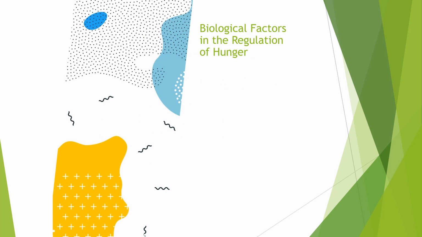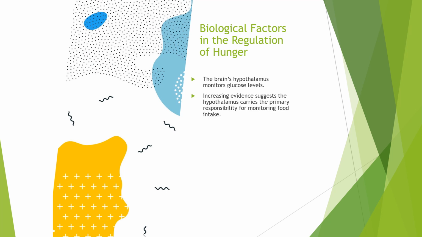So the next thing I'm going to talk about is where in your brain does this information go? The hypothalamus in your brain monitors the glucose levels. There's a lot of research out there recently suggesting that the hypothalamus carries the primary responsibility for monitoring your food intake.